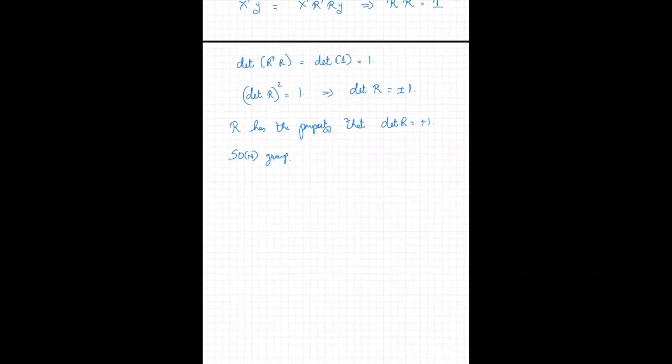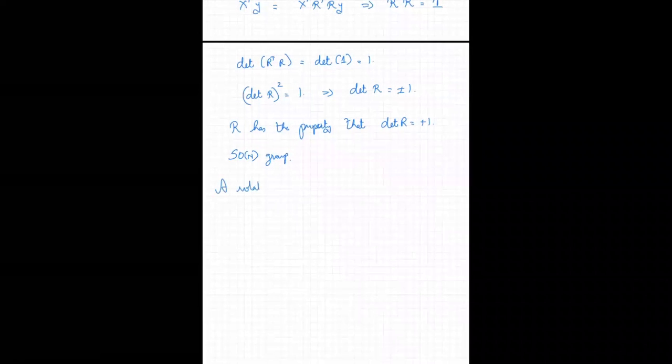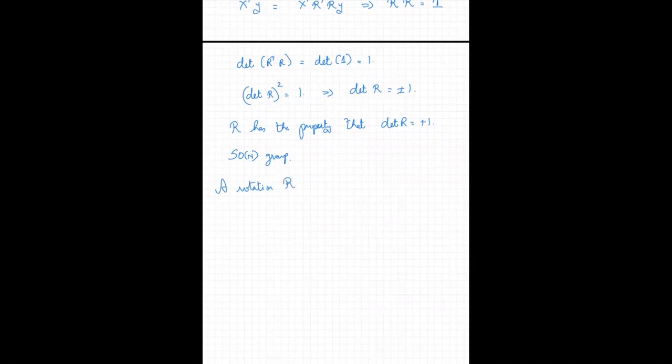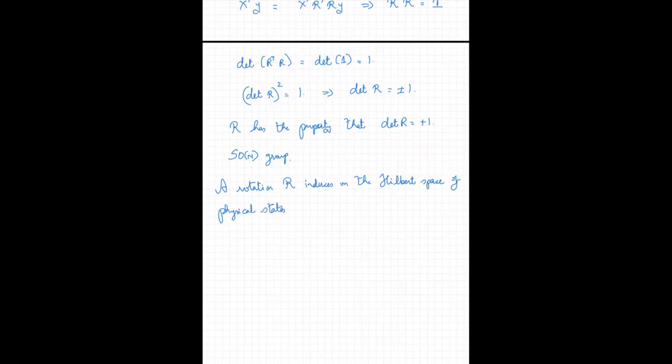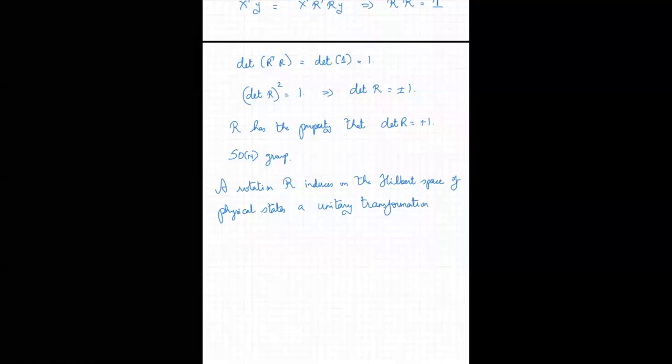So rotation, just like the transformation induced an operator T that changed all the vectors in your Hilbert space, a rotation R induces on the Hilbert space of physical states a unitary transformation: psi goes to some U(R) times psi.